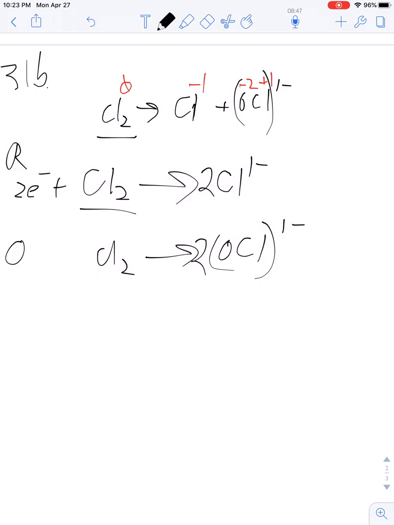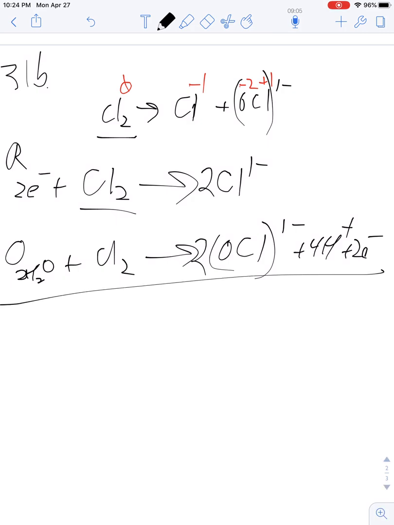Here I've got 2 oxygens, so I'm going to need 2 waters. That gives me 4 hydrogens, so now I'm going to need 4 hydrogens. And then my charge, I'm going to need 2 electrons to balance out. I got 2 electrons for the reduction, I got 2 electrons for the oxidation, so they balance, so I don't have to multiply by anything.